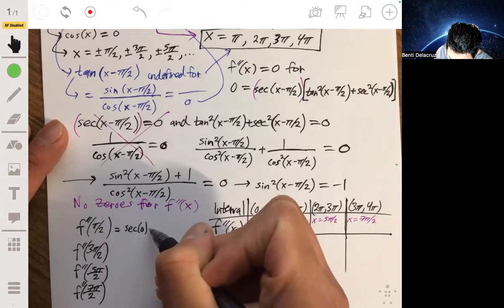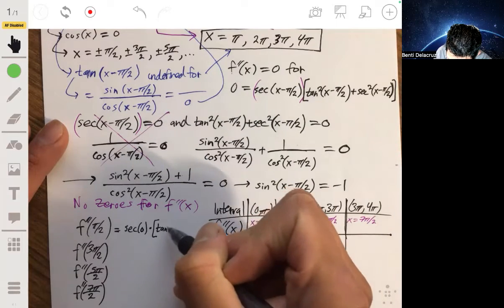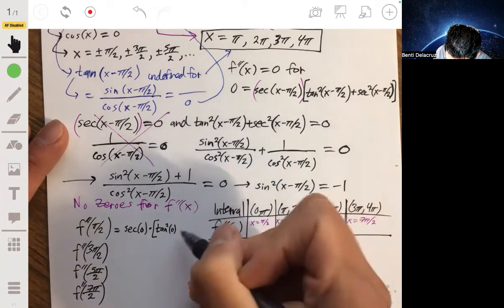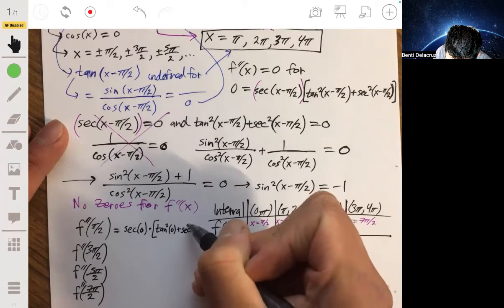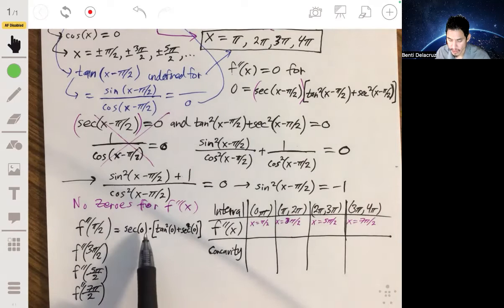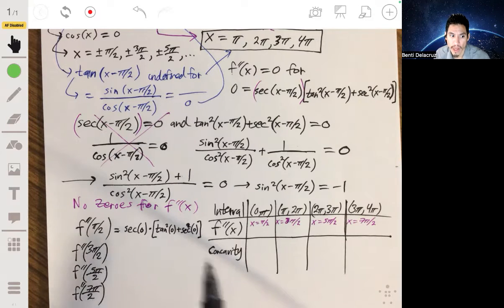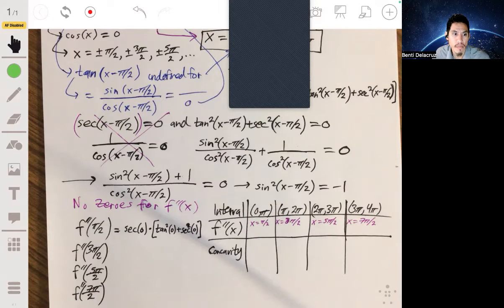Secant of 0 is 1 over the cosine of 0, so this will be 1 times the tangent squared of 0, sine of 0 over the cosine of 0, so that'll be 0, and then I'll get a positive number.